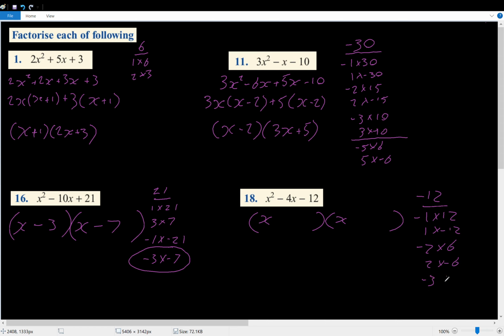And minus 3 times 4, or 3 times minus 4. And we can see from this that if we're looking to get to minus 4, minus 6 plus 2 works the best. So that's going to be x plus 2 and x minus 6. And that is that.